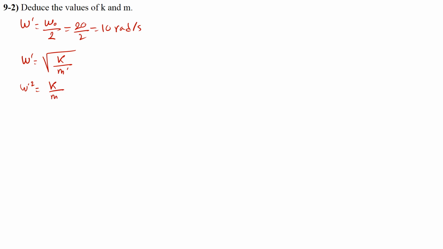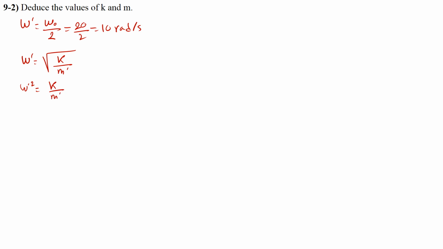Deduce the values of k and m. Okay, first of all, let's find omega prime. It's given as omega 0 over 2, so it's equal to 20 over 2, which means that it will be 10 radians per second. But omega prime is equal to radical of k over m prime. So let's replace, I'm looking to find k. So omega prime squared is equal to k over m prime.